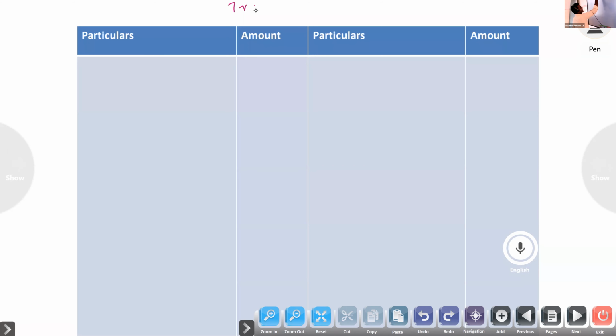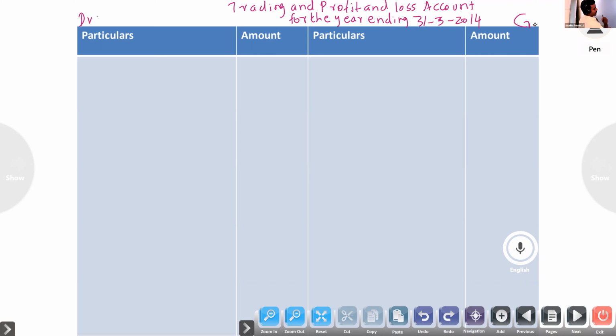First you have to write Trading and Profit and Loss Account for the year ending 31st March 2014. It is an account only, trading also, profit and loss account also, but the balance sheet is a statement.